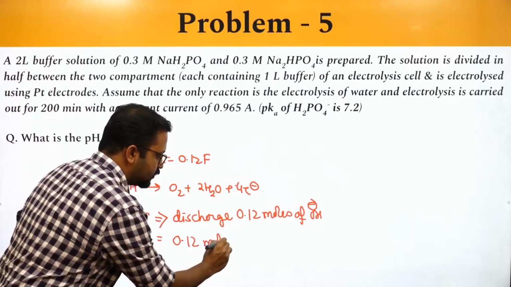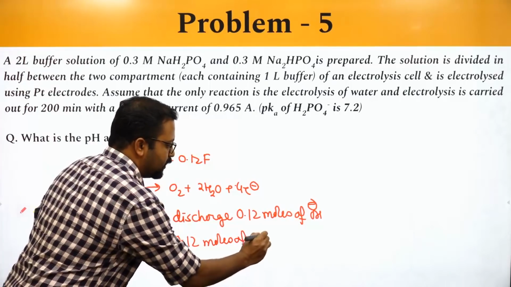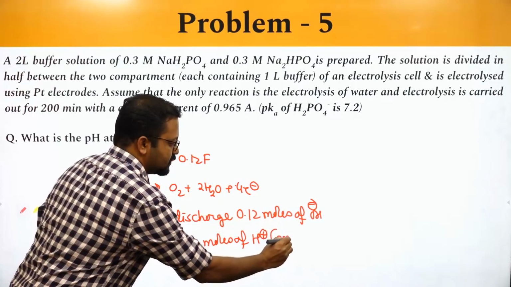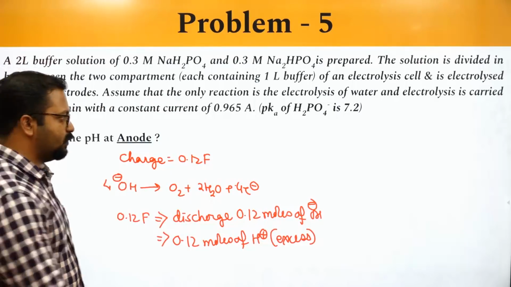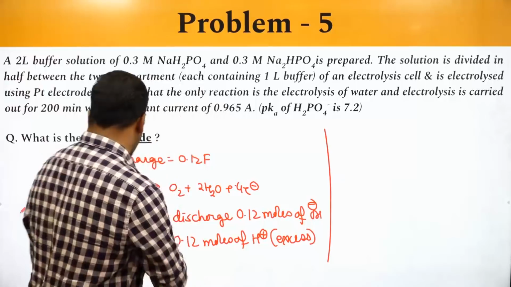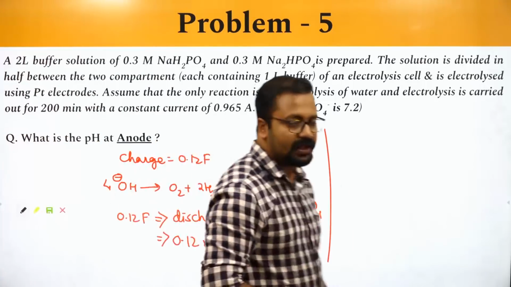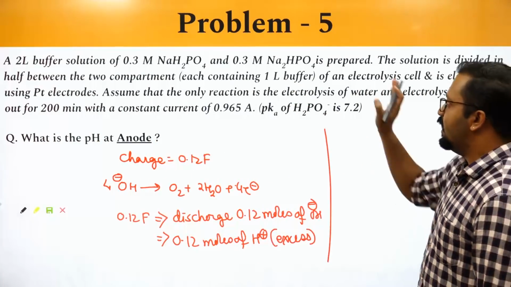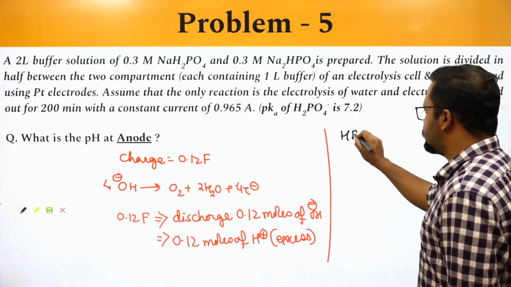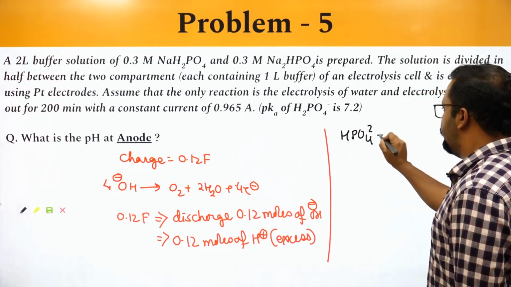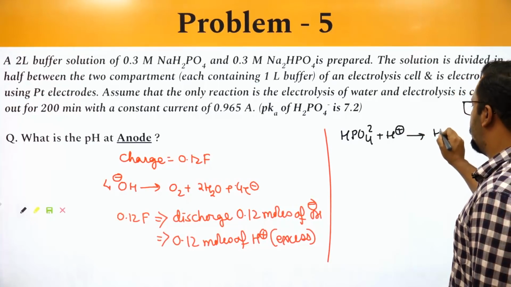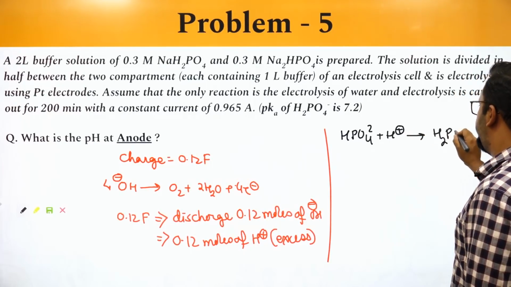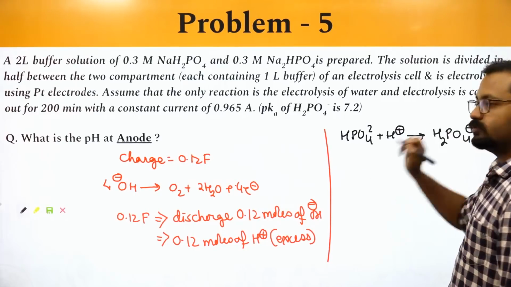0.12 moles of H plus will be excess. Let's look at the reaction. The reaction is very simple, the way we did earlier. Now HPO4 2 minus will accept a proton to form H2PO4 minus.